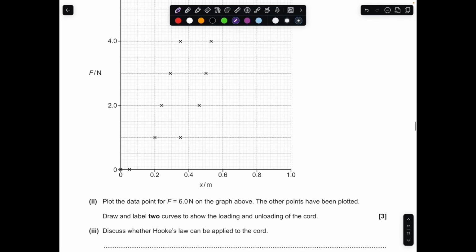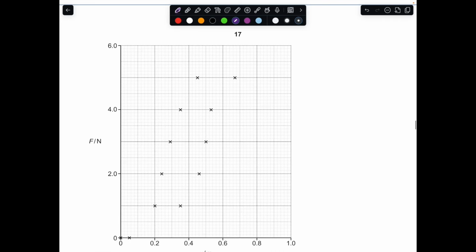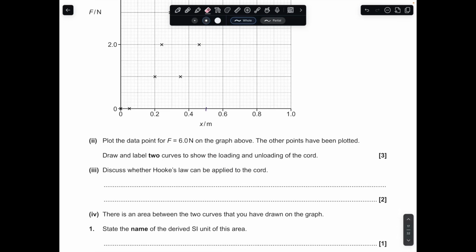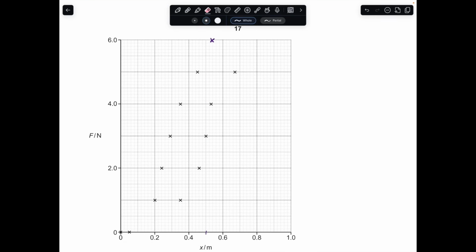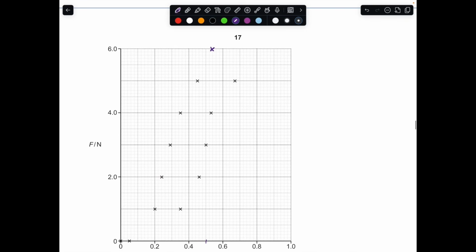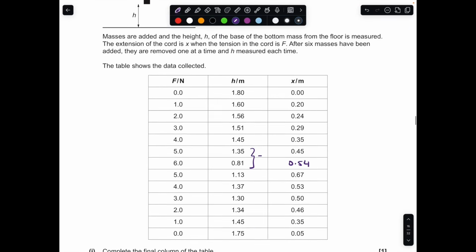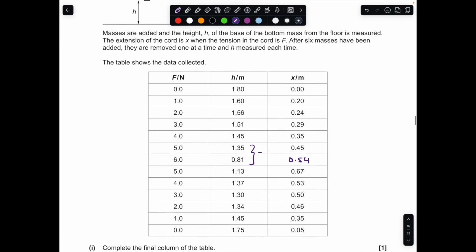Next, we have to plot the data point for 6 newtons. If you have 0.5 right here, that will be 0.54 right here. Then draw and label two curves to show the loading and the unloading. So just watch out what the loading process is when the forces were added on and when the forces were removed. It starts off at 0 newtons of force and 0 meters of extension. At 1 newton of force, the extension is 0.2.